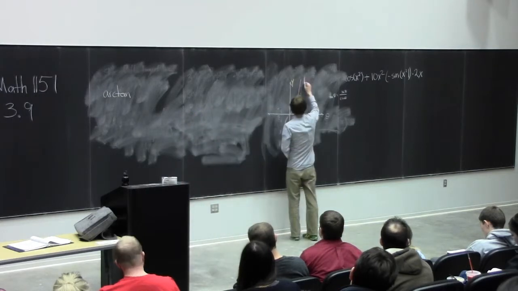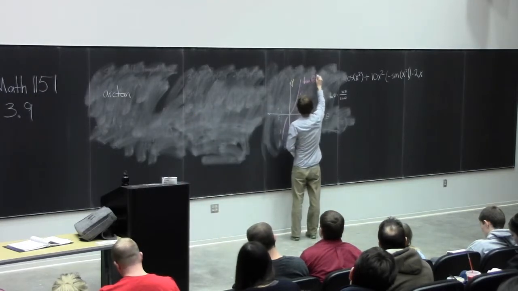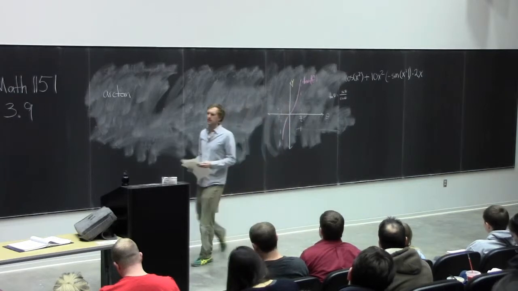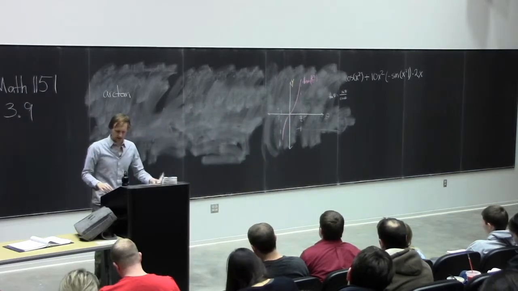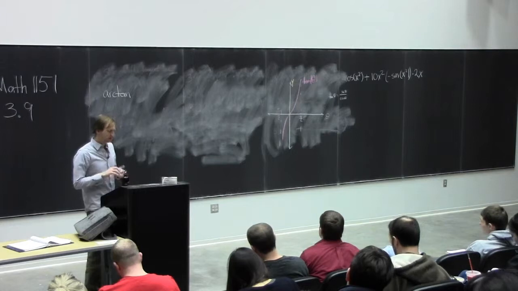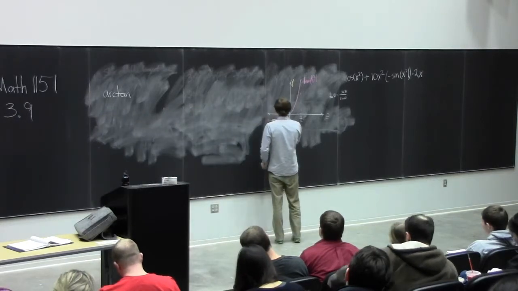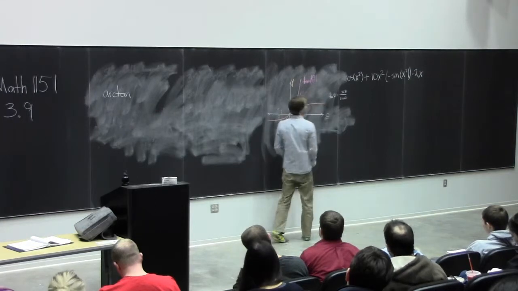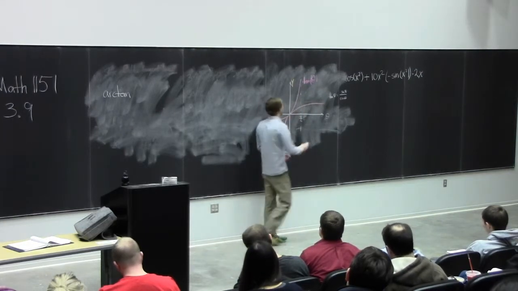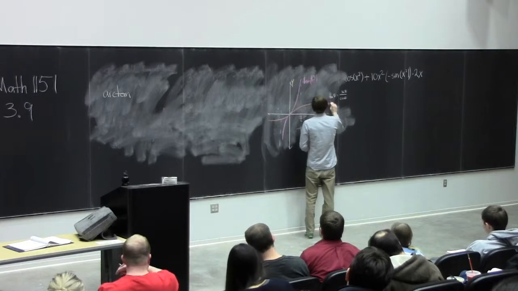This is tangent, tan of theta. Arctan of theta. What's arctan of theta look like? You take this thing, and it looks kind of like this, doesn't it? That's arctan.